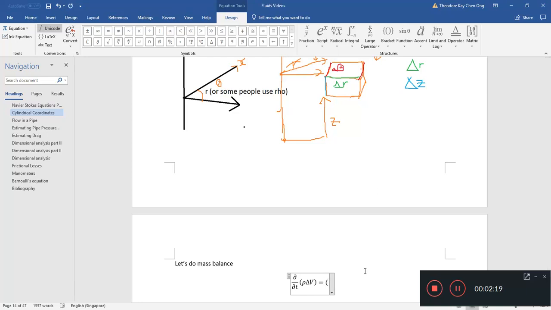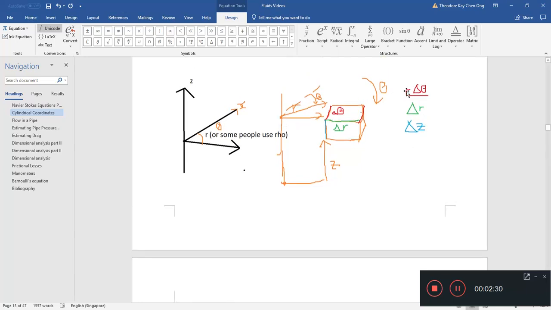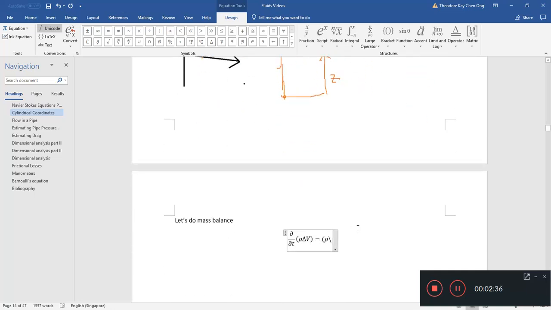It is rho AV. So rho, what is A? A is the area here. So that's this red line multiplied by the length of delta z. So it's r delta theta, delta z.